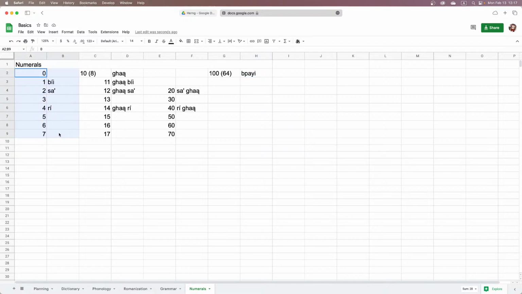So we have some basic numbers for us to work with that we will use to figure out how the rest of the numbers will work.